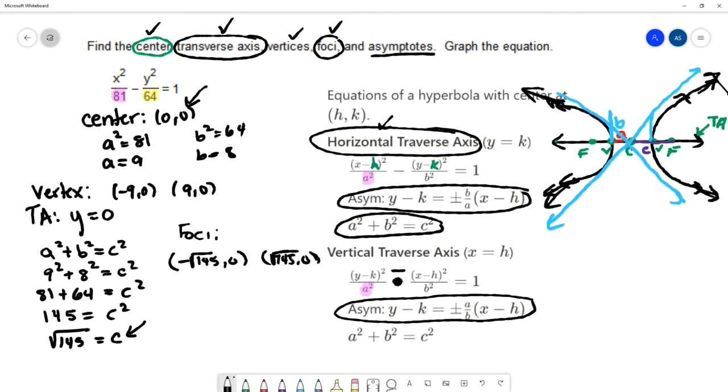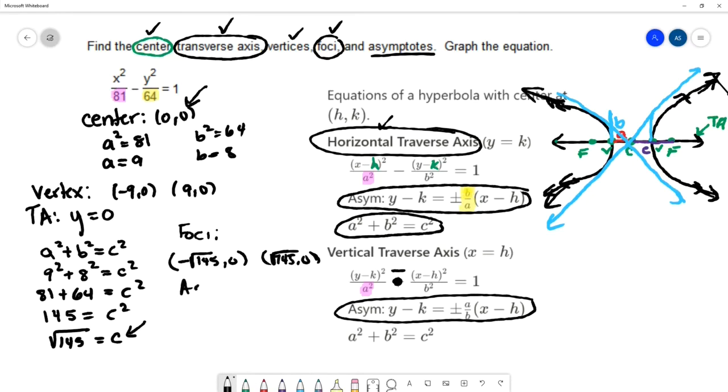So visually, that's what b represents. So you can see in our equation for the asymptotes, b is used as the slope. b over a is the slope. That's our rise over run.